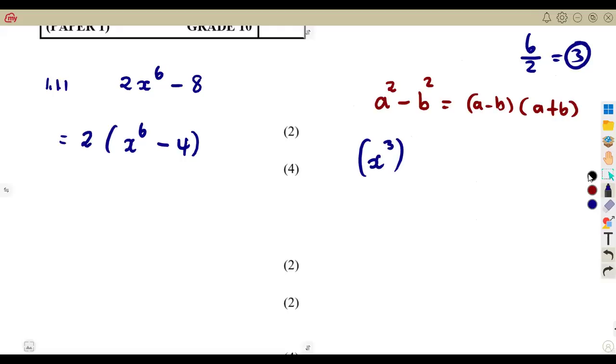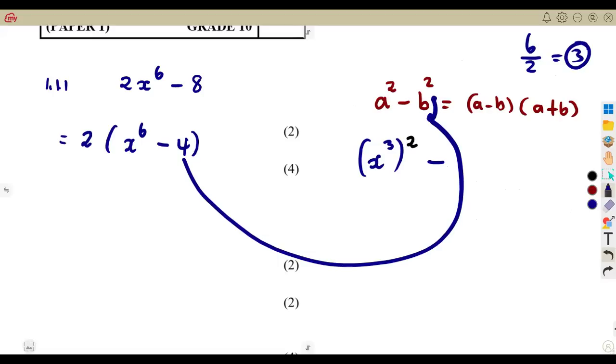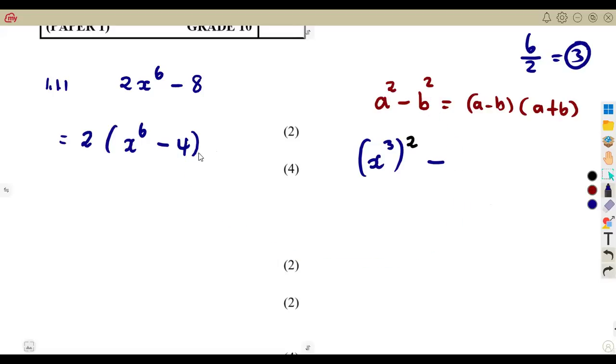Remember, what we actually want to see is this exponent of 2. Minus 4. How can we write 4 as a number raised to the power of 2? That is simply the square root of 4. What is the square root of 4? Remember, that's a 2. So that's 2 raised to the exponent of 2 again. So this is what exactly we want to see.